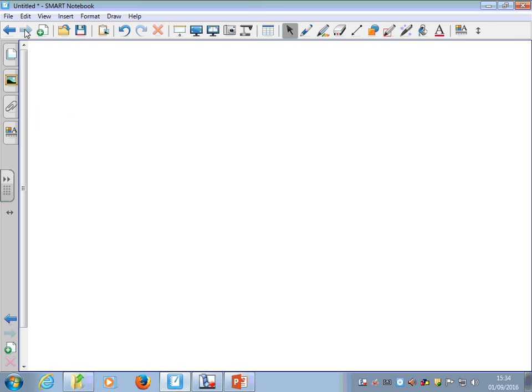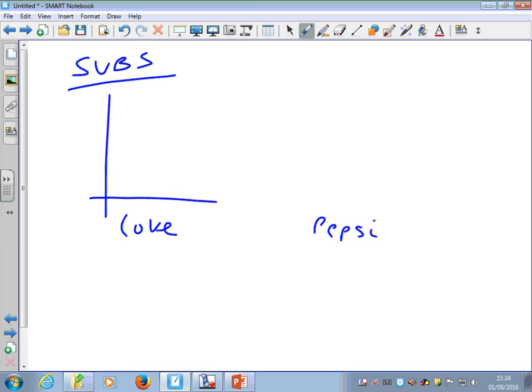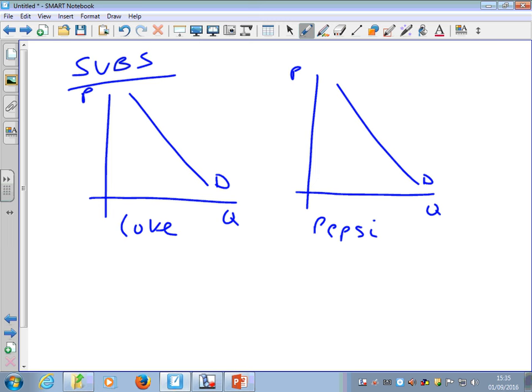Let's now think about my example linked to substitutes. My example was Coke and Pepsi. So we've got the market for Coke and we've got the market for Pepsi. Let's imagine that the current price of Coke is P1, and at P1, Q1 is bought.